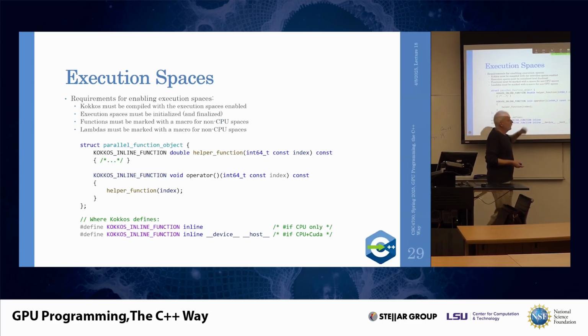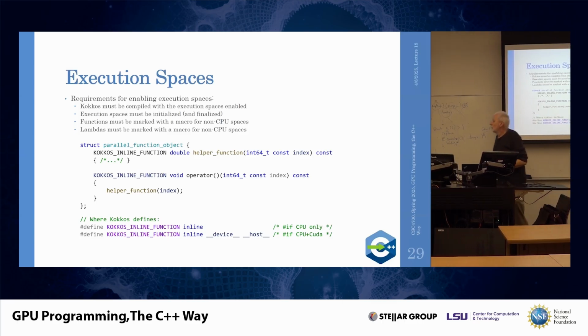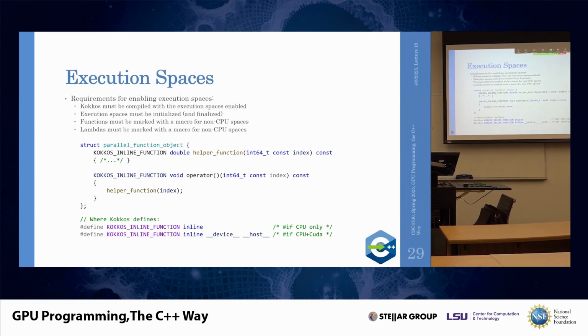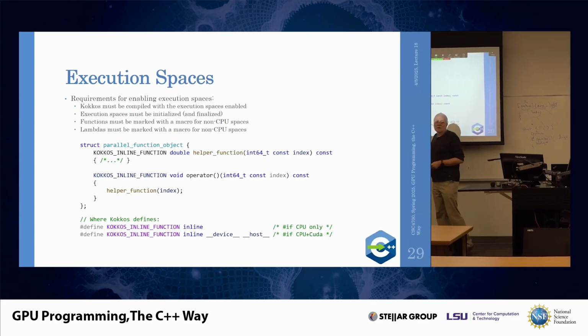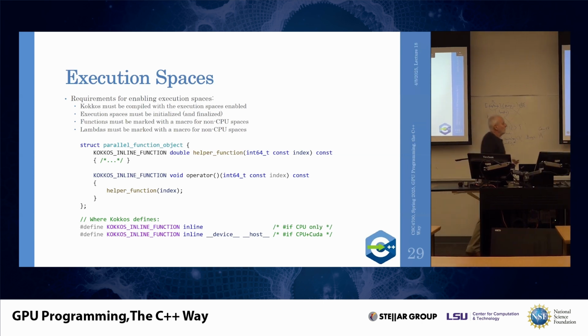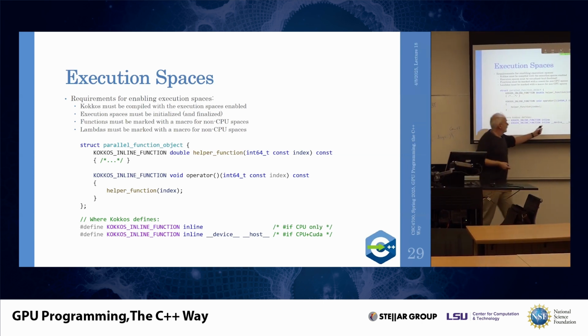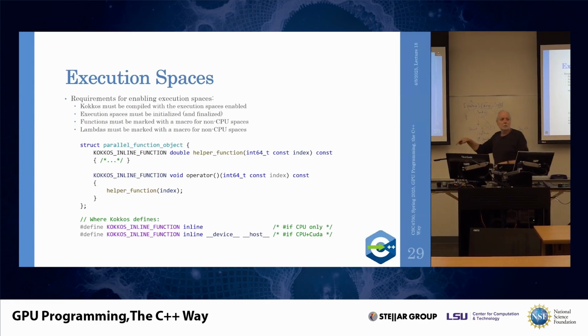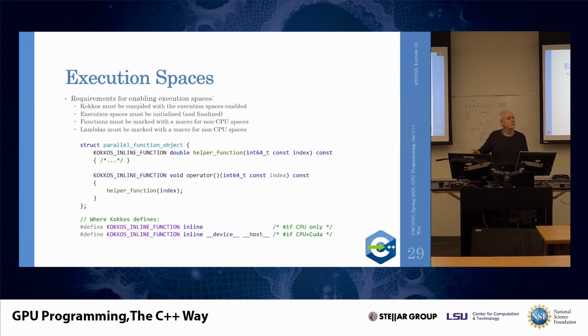The same for the function operators. That is done because when that code is compiled on a CPU, this macro just expands to a simple inline statement, which doesn't change anything on the CPU. But on the GPU, it expands to some additional directives which tell the compiler, this code has to be compiled to be run on the GPU.